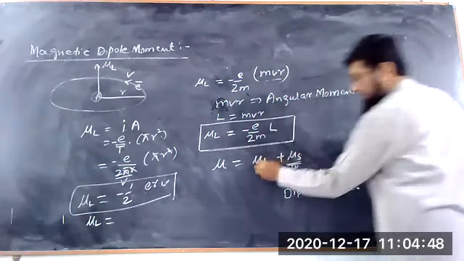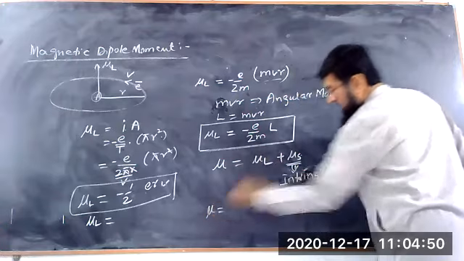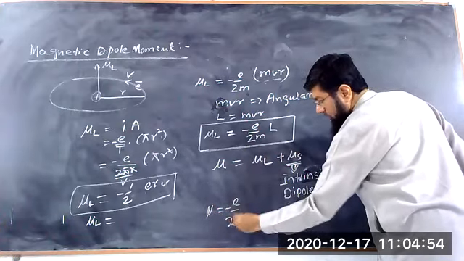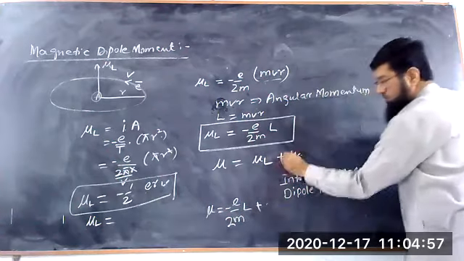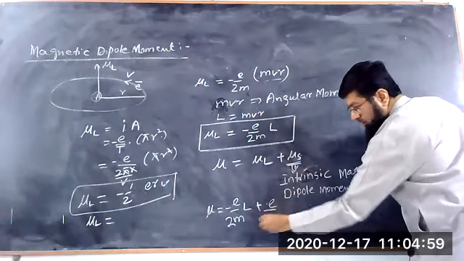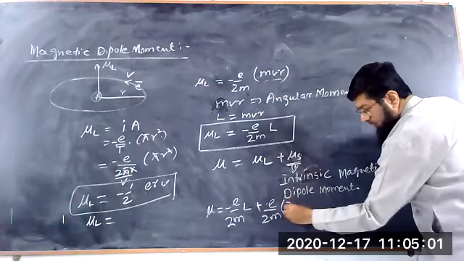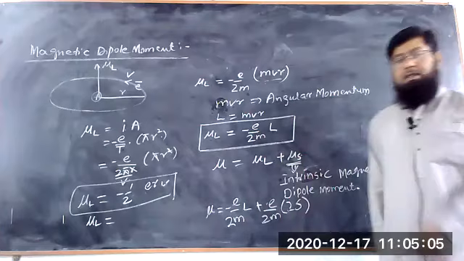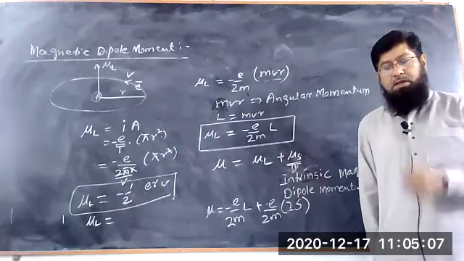So mu is equal to mu L, which is equal to minus e over 2m times L, plus mu S, which is equal to e over 2m times 2S, because spin has two possibilities, either spin up or spin down.